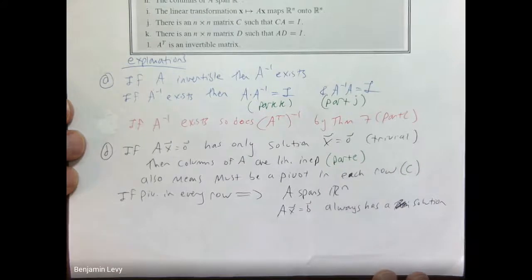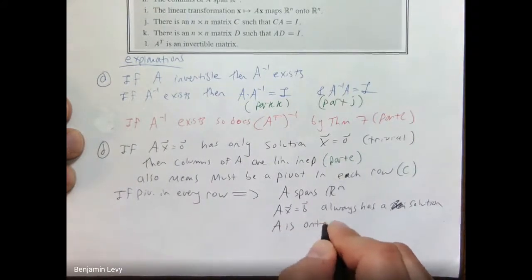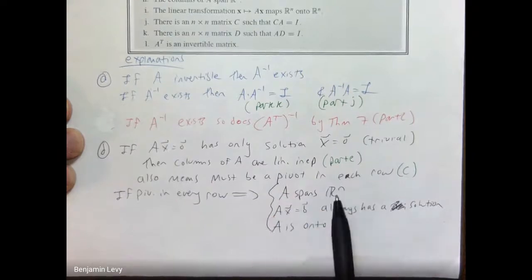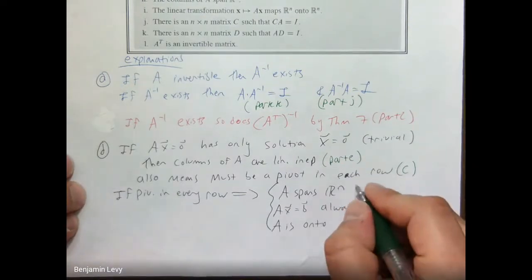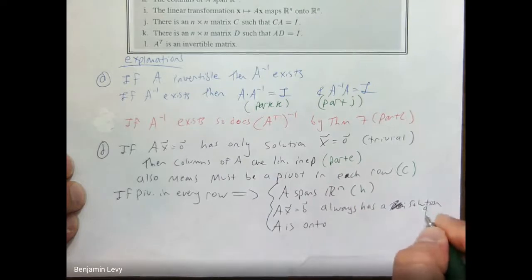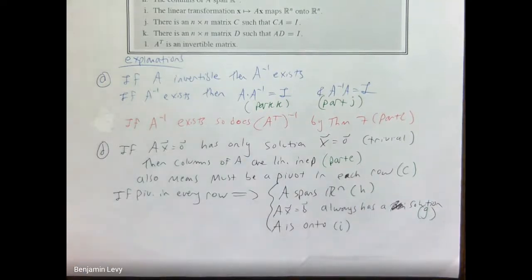And it also means, by definition, that A is onto. All three of these mean the same thing: A spanning Rn, always having a solution, and being onto are all the same way of saying the same thing. A spanning Rn was part H, this one was part G, and this one is part I. So AX equals 0 having only the trivial solution leads to a lot of things right away.